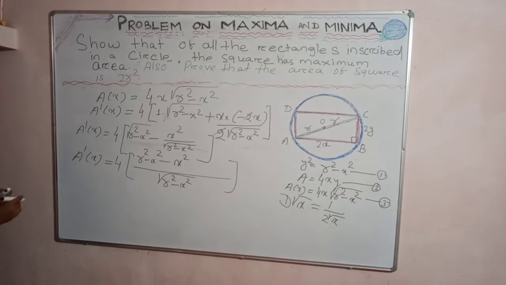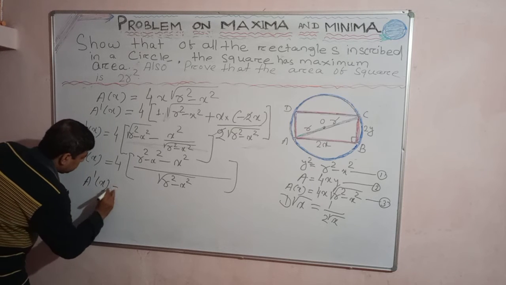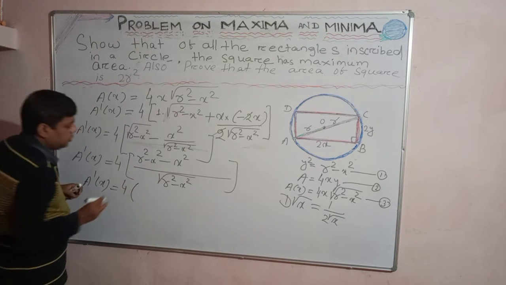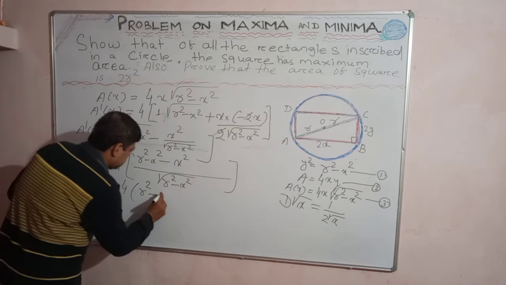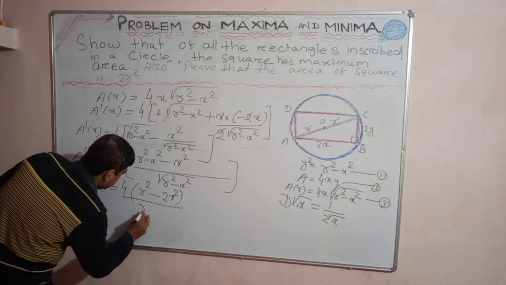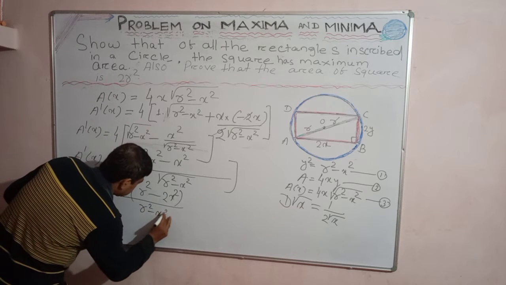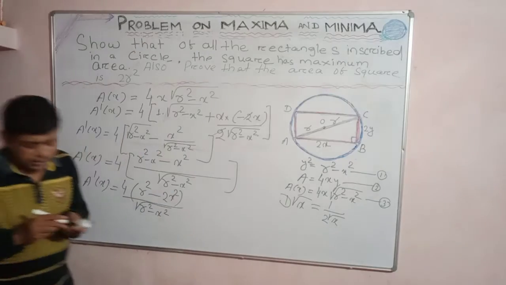Right? So A dash x can be written as 4 times r square minus x square minus x square, that is minus 2x square, whole divided by the square root of r square minus x square. Is it clear? Now we got the derivative A dash x.